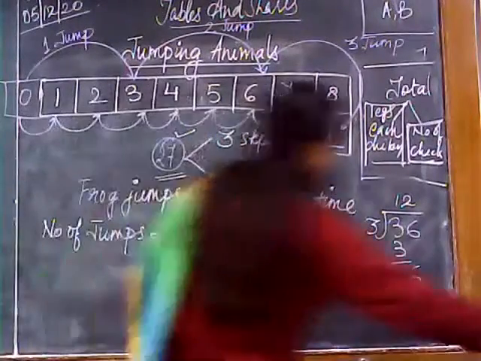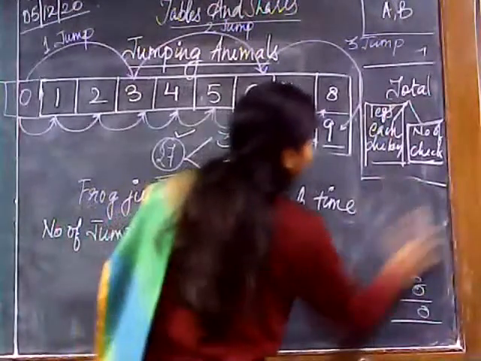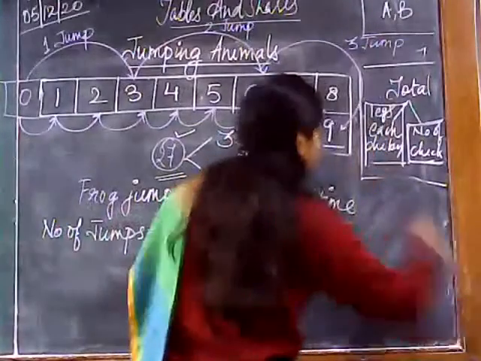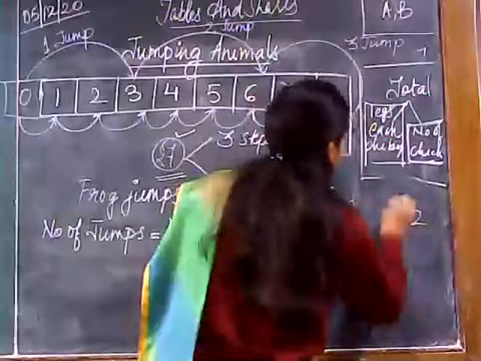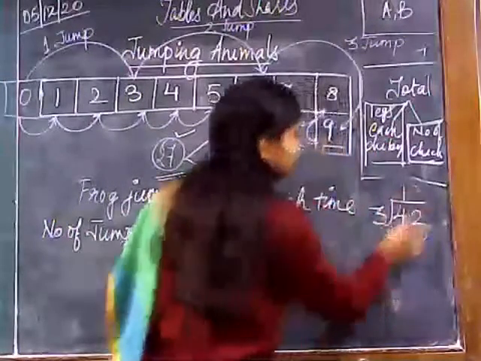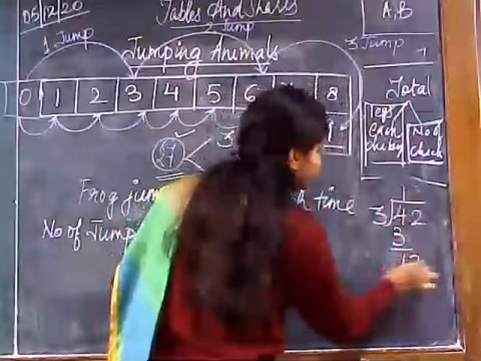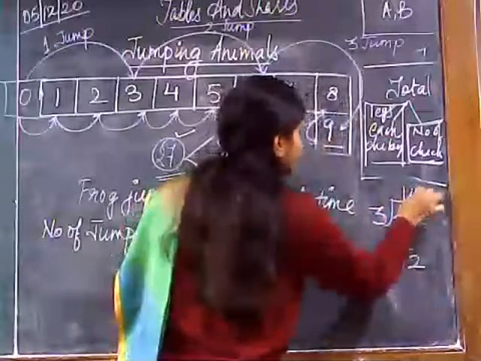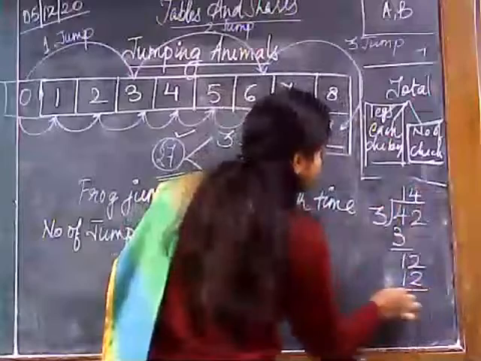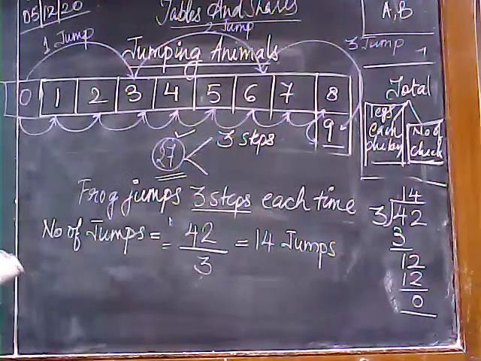Now dividing 42 by 3, what do we get? 3 1s are 3, 1 2. 3 4s are 12. The remainder is 0, so it is completely divisible, giving 14 jumps.